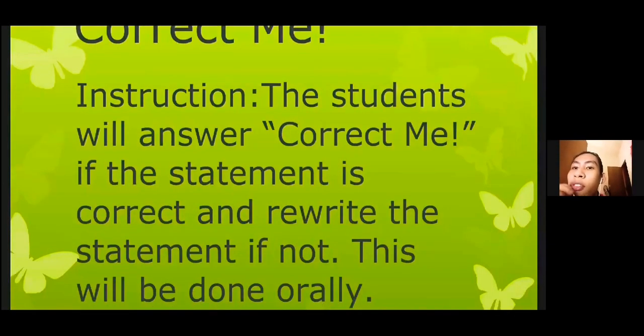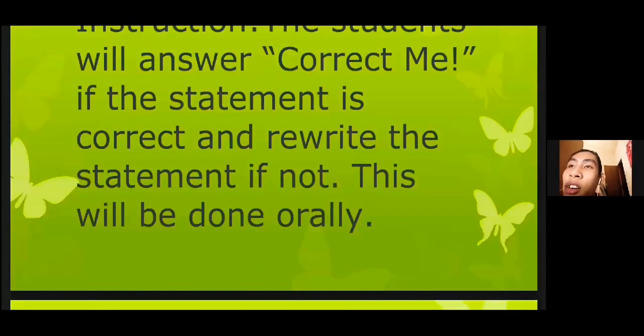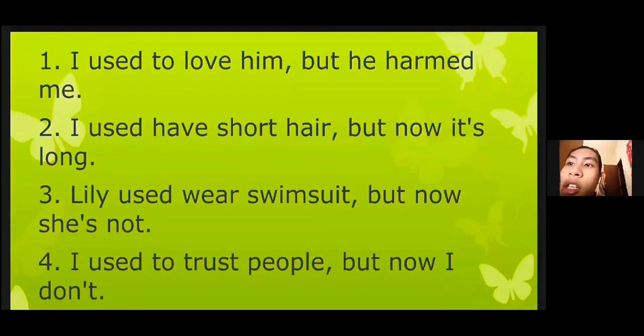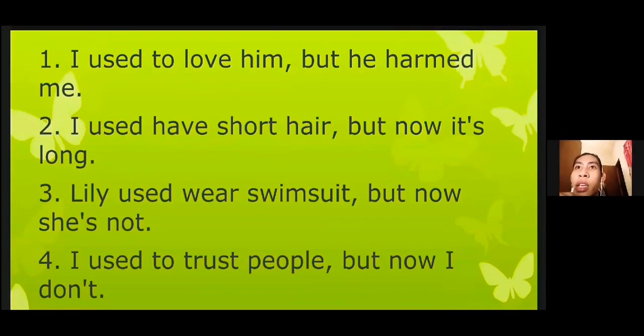You will have to answer "correct me" if the statement is correct and say "rewrite" if the statement is not, and give me the correct sentence. This will be done orally. Am I clear? Yes, sir. Who wants to volunteer and read number one and then give me their answer?